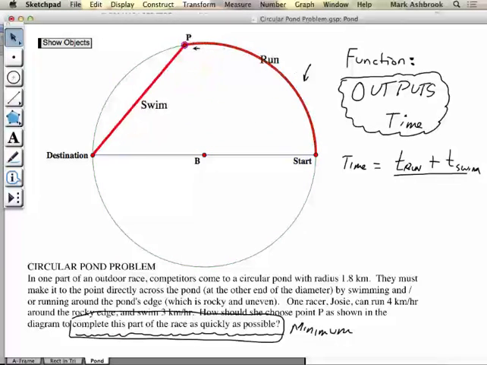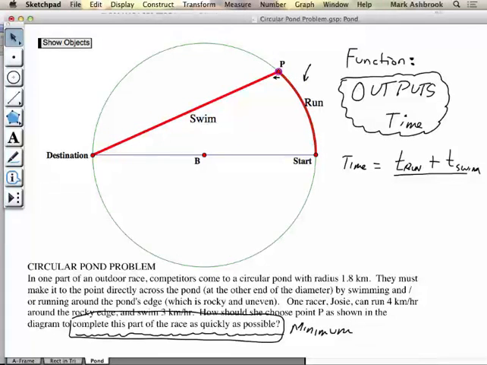So we need a quantity that associates with where she picks point P. There's more than one choice. So what's a possible quantity that would determine that point P? Yeah, what distance? Okay, so the run distance.